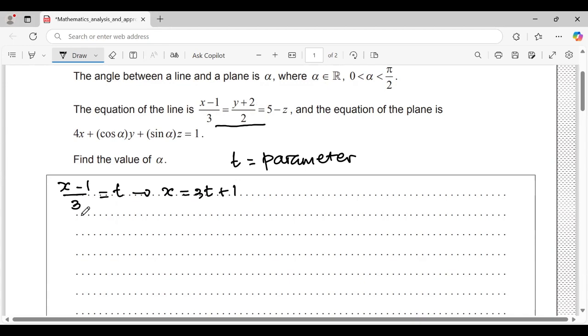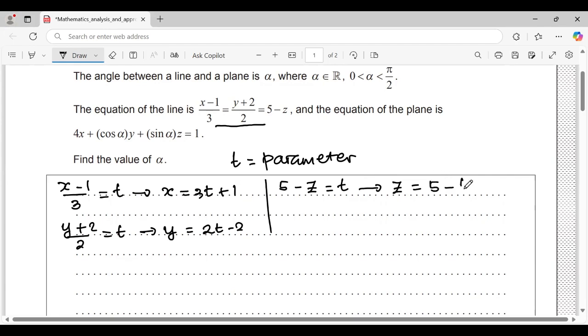Now let's find the second. Y plus 2 over 2 equals t, and the implication is y equals 2t minus 2. And the next one, 5 minus z equals t, and the implication is z equals 5 minus t.